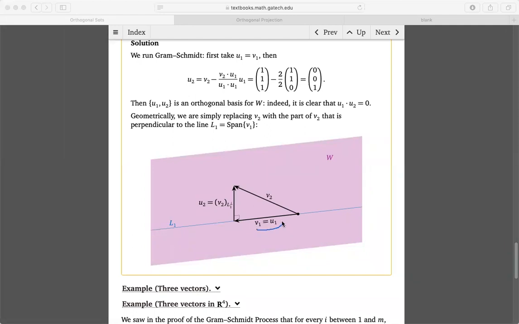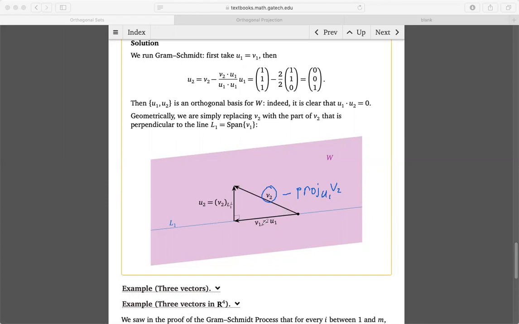So here we declare u1 to equal v1. And what we're looking for is the orthogonal component right here. In order to find that, I want to take v2 and subtract off the component of v2 that goes in the direction of v1. So I want to subtract off the projection of v2 in the direction of, I should say actually here, u1.